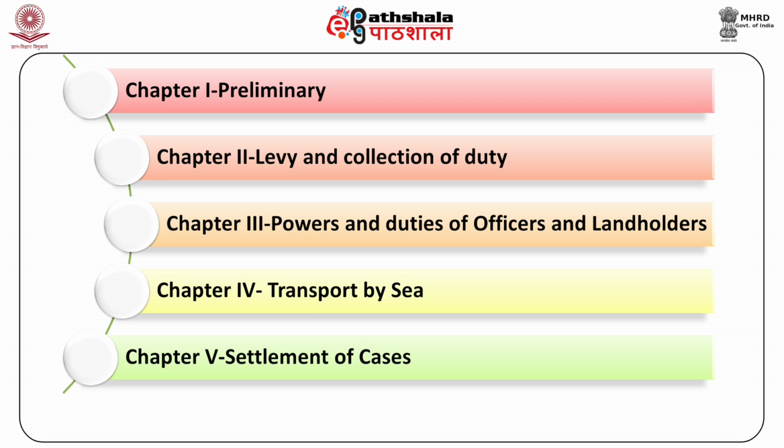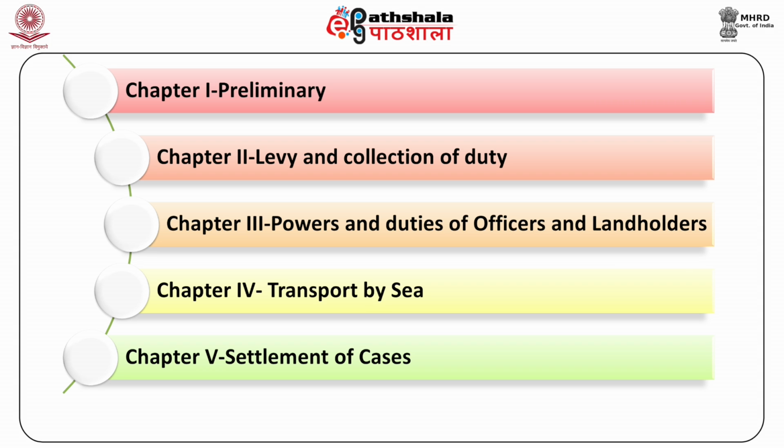Recovery of sums due to government as arrears of land revenue, and recoveries of duties not levied or not paid or short levied or short paid or erroneously refunded, and waiver of recoveries under section 11(11)(a) and C. Claim for refund of duties, sections 11B, 11D, 12A, B, C and D. Chapter 3, Powers and duties of officers and landholders.